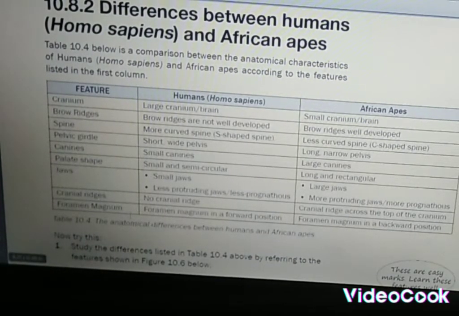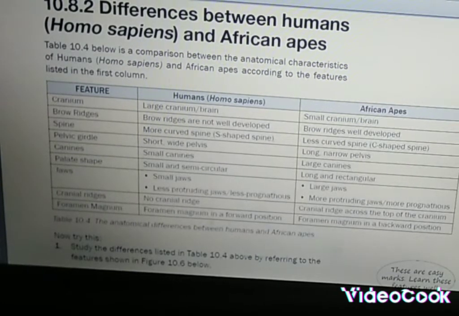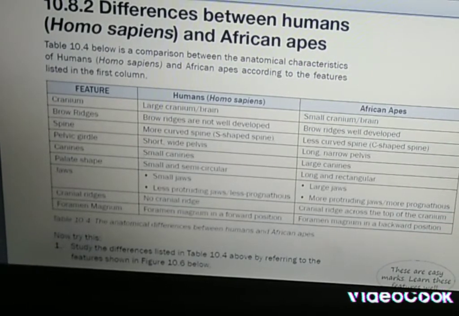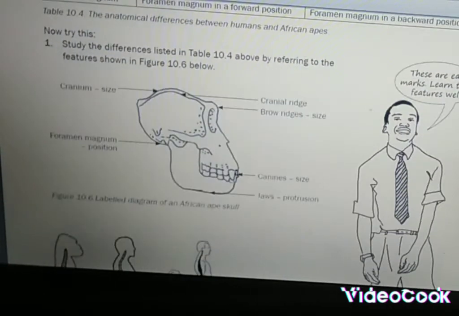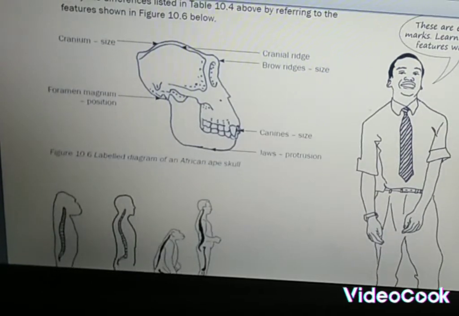And then the foramen magnum is in a forward position in humans, but the one for African apes is in a backward position, right? So these are very important differences that you guys need to master, between a human being and an African ape. Okay, I'm sure you can see.